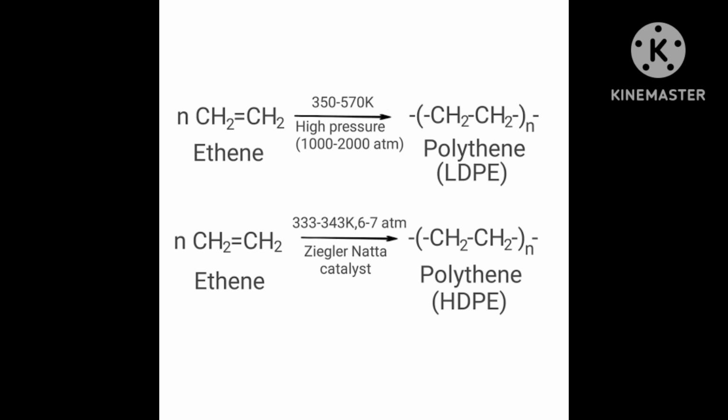Correct? Last class in the mechanism you have seen, you took benzoyl peroxide as catalyst, and it produced two phenyl radicals.